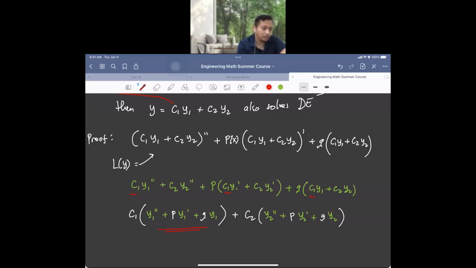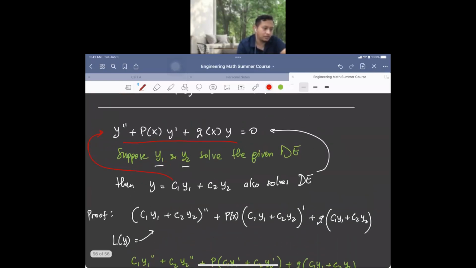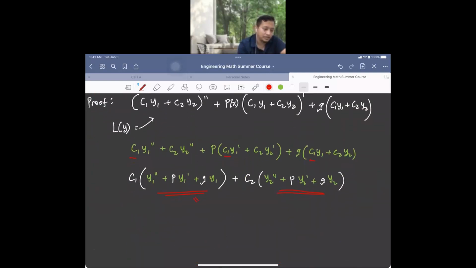Now what is this? This is our homogeneous equation, right? It's equal to 0. So this becomes 0, this becomes 0, and therefore the whole thing here becomes 0.